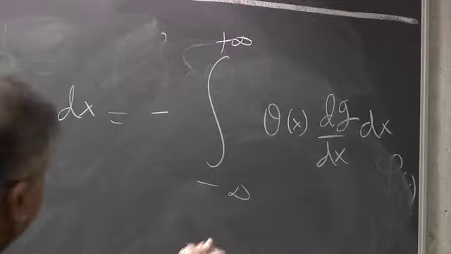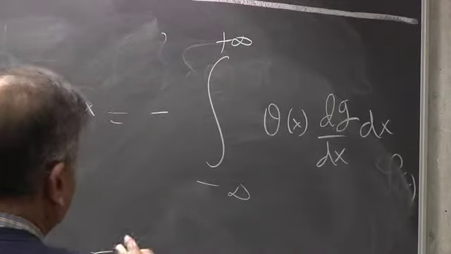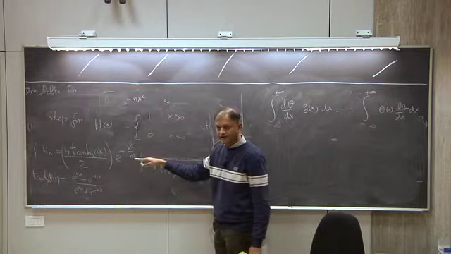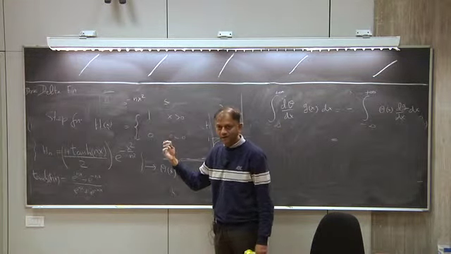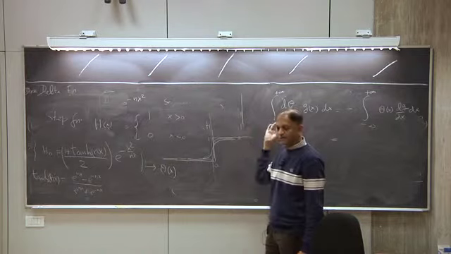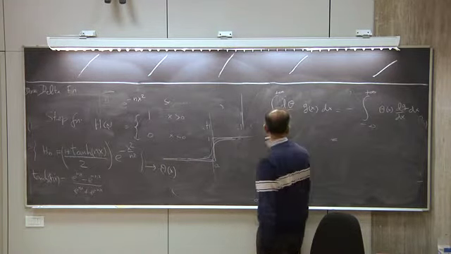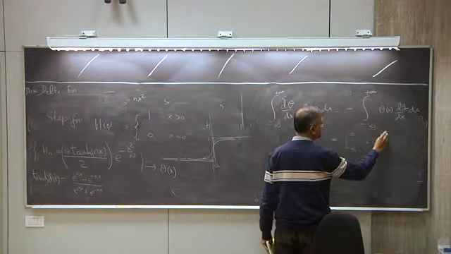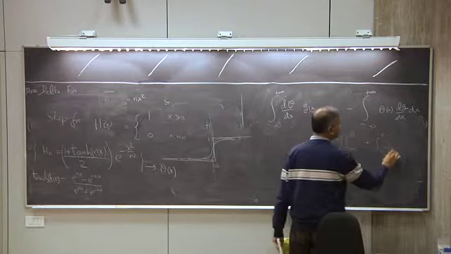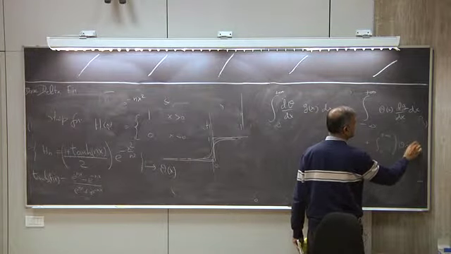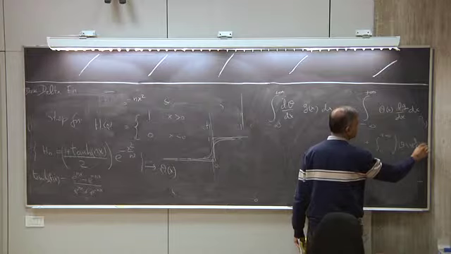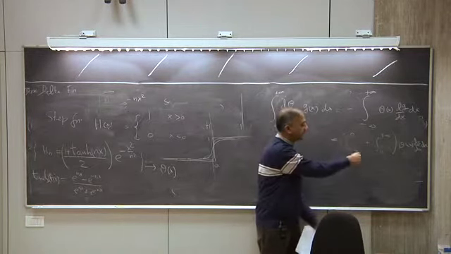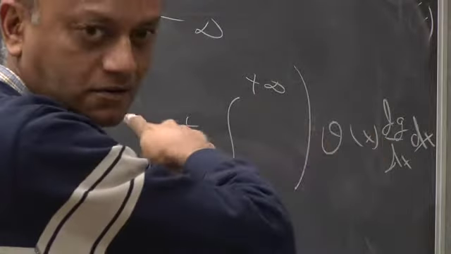Okay, let us now explicitly integrate this thing. We know that the local value of theta of x for any negative value of x is 0, and the local value of theta for any positive value of x is 1. So if I write this integral as minus infinity to 0 plus 0 to infinity, then the first part vanishes, because theta of x is 0 for negative x.